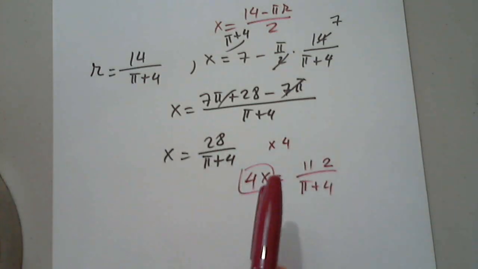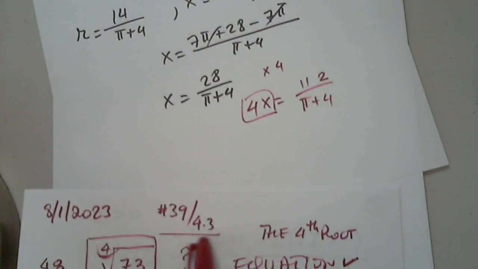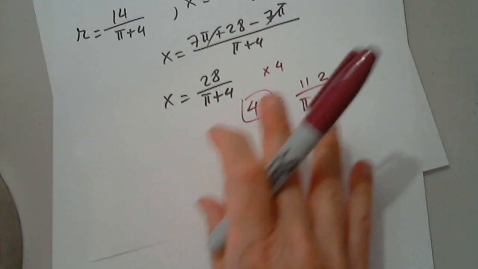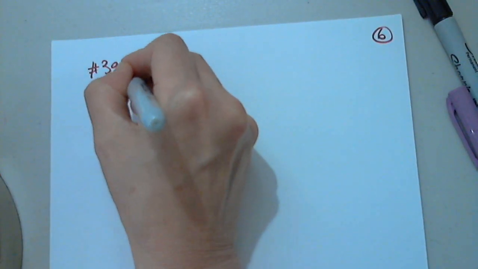Do you have anything else, or can I go to 39 in 4.3? Okay, so I'm on page 6. 39 in 4.3. If you find anything else, please throw it our way.